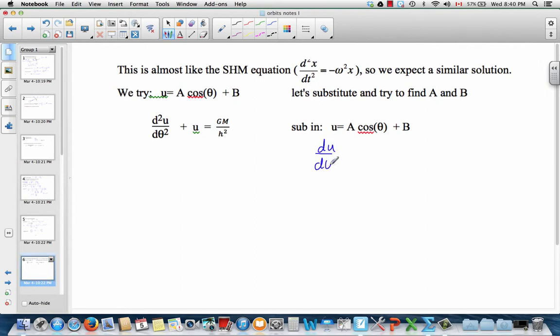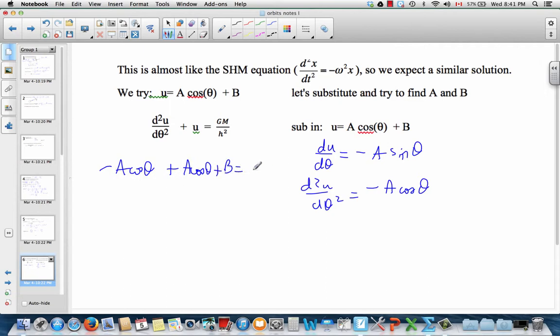Let's just do the first derivative over here. Derivative of cosine is minus sine. And so the second derivative will be minus cosine. So we get minus a cos theta plus a cos theta plus b equals GM over h squared.